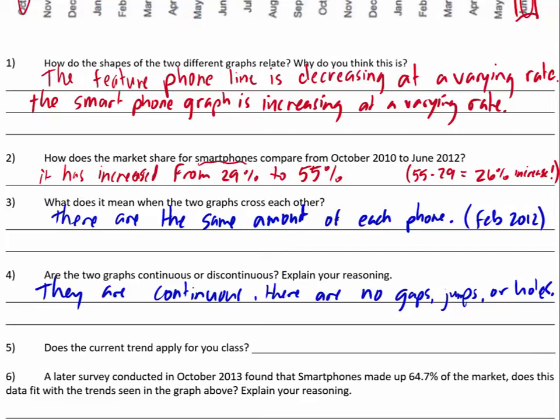Alright, so does the current trend apply to your class? To answer this question, you actually are going to have to take a poll. So if you take a poll of people who have smartphones and give a number, put that up there. And then if you take a poll of feature phones and put a number, what you need to do is you can compare the number of smartphones to the number of feature phones.